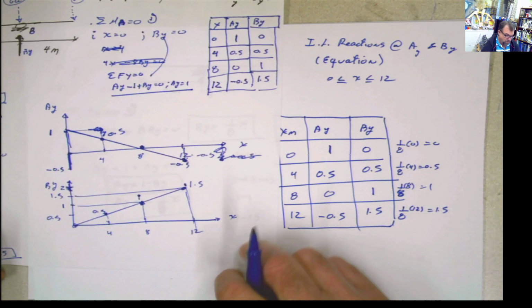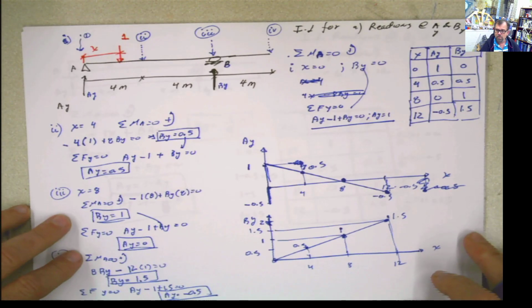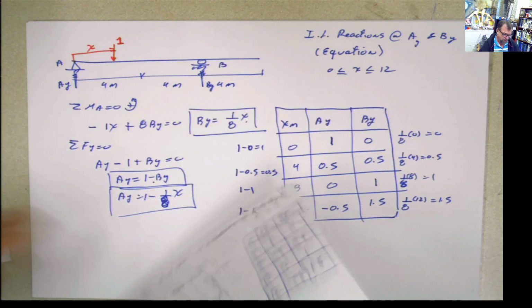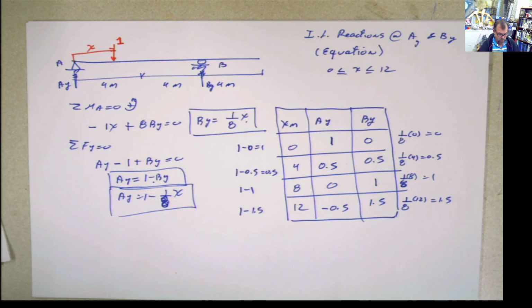Now the use of these influence lines is going to become more and more obvious as we move through more examples.